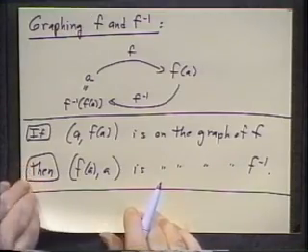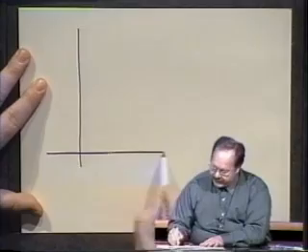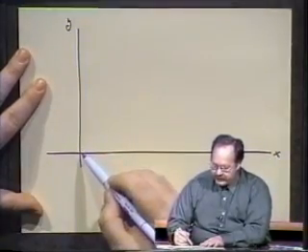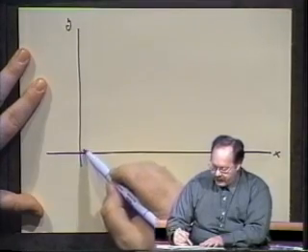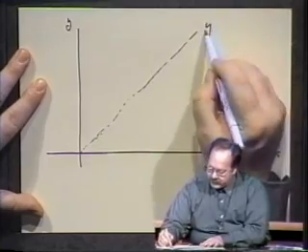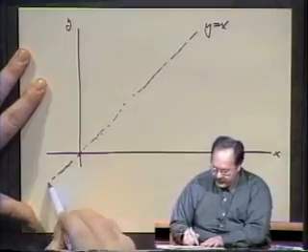Let me show you how this looks in general with a nice picture. Hope this works out well. Here is my y-axis and here is my x-axis. And let me mark in here, and you'll see why in a minute, this y equals x 45-degree line.